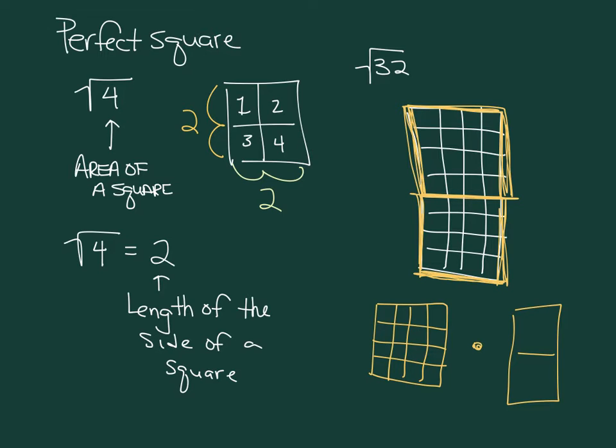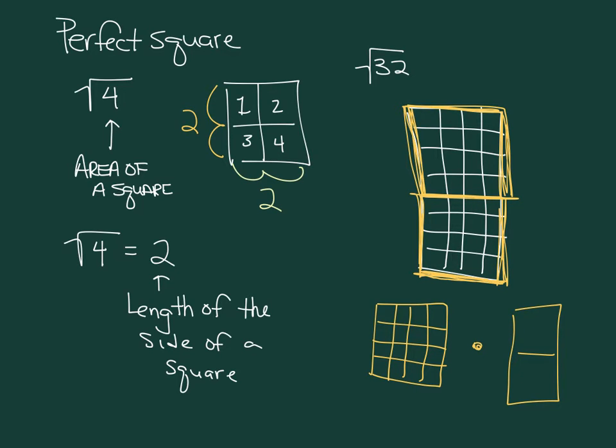But that's not the purpose of this. What we want to look at is the fact that we have the perfect square times 2. So because of this, we've got the group 16 times 2, okay?